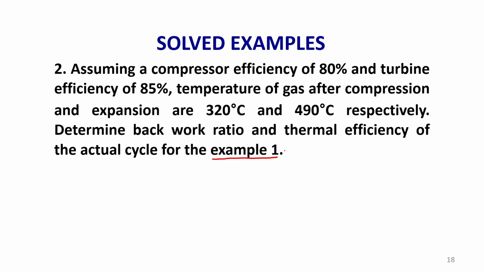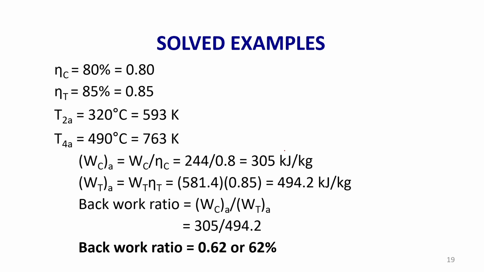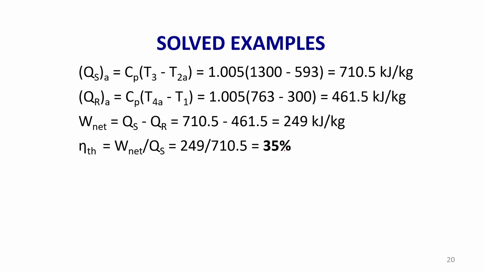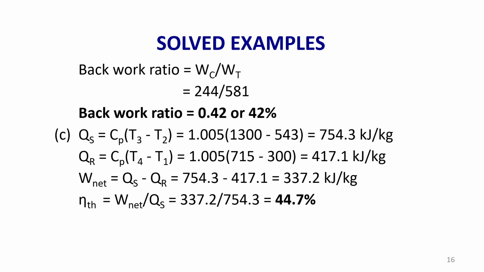The back work ratio in the previous example is 42%, whereas in this case it has increased to 62%. Similarly, there is a change in the heat supplied, 754, and heat rejected, 417. Here heat supplied has increased and heat rejection has also increased. Net work done is 337 in the previous case, so it has reduced from 337 to 249.